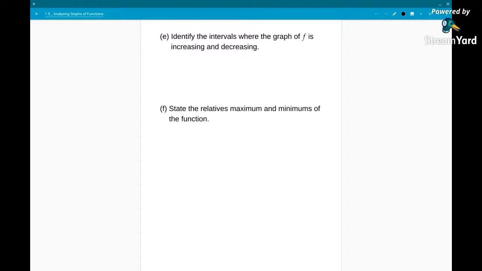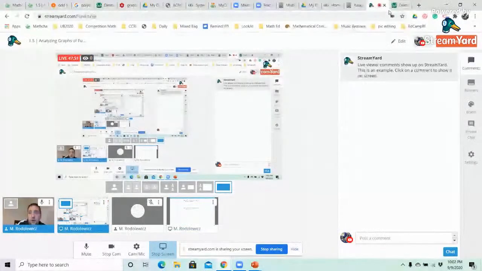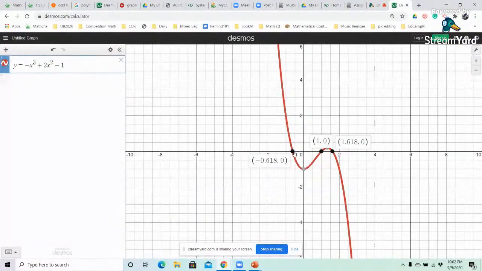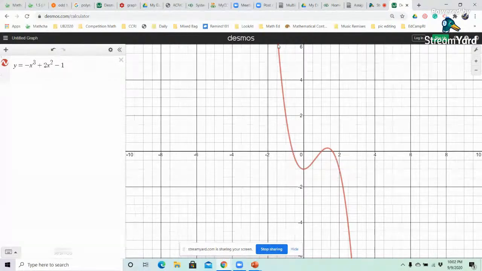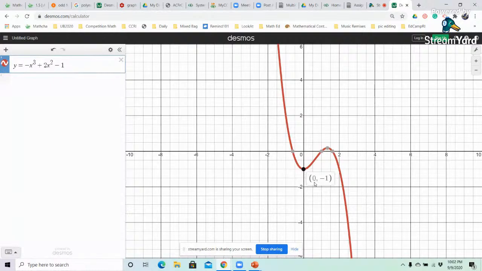Identify the intervals where the graph is increasing and decreasing and state the relative max and mins. I said I wasn't going to switch back over, but I will. So where is this graph decreasing and where is it increasing? I just want to get rid of all this. So we can say it's decreasing from negative infinity up until this turning point. So up until x is 0.